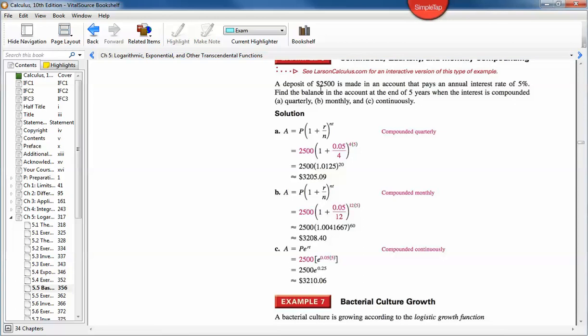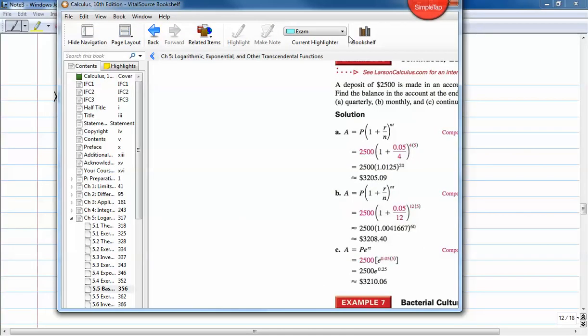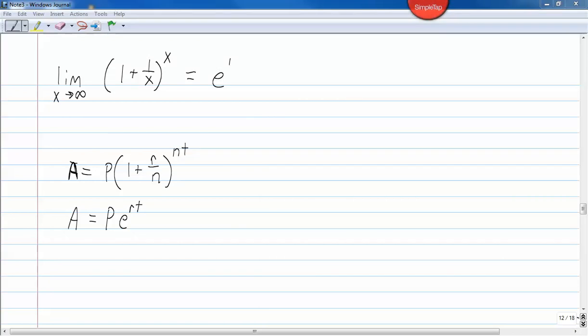And so if you put in the principal and the rate and the time and everything, and you compound quarterly, then you have $3,205.09, compounded monthly, $3,208.40, or compounded continuously, $3,210.06. So there is a little bit of difference in how your money's compounded, how much money you would have. So it's kind of neat.